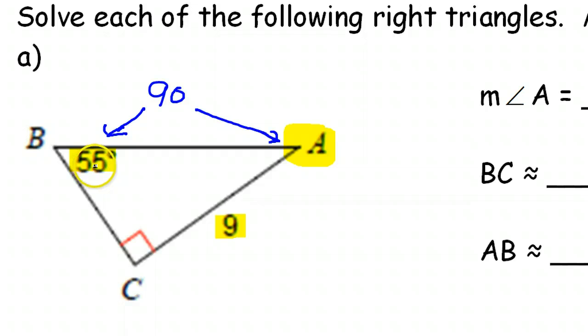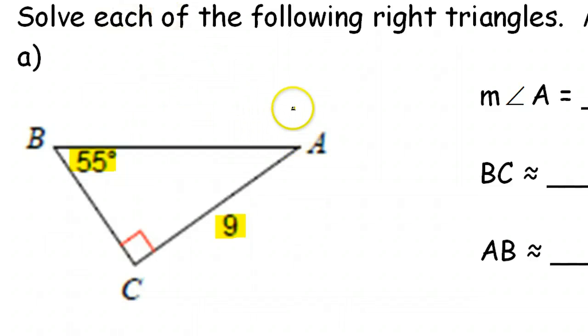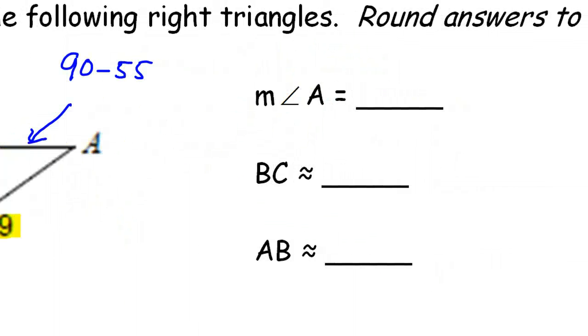In other words, 55, angle A and B have to add up to 90. So the quickest thing to do is 90 minus 55. 35 degrees.